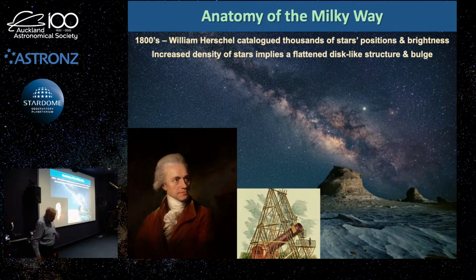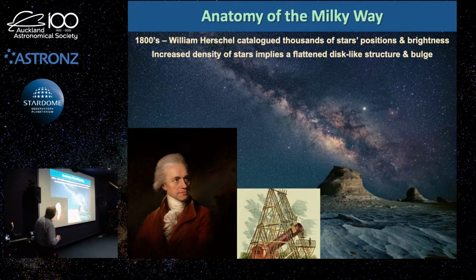Then this guy here, British astronomer William Herschel, built himself a large reflector telescope, which he was very much into at the time. And he then measured the brightness and the distance to almost every star he possibly could. Thousands of stars, catalogued them, and that enabled him to get a better grip of what the Milky Way was like.